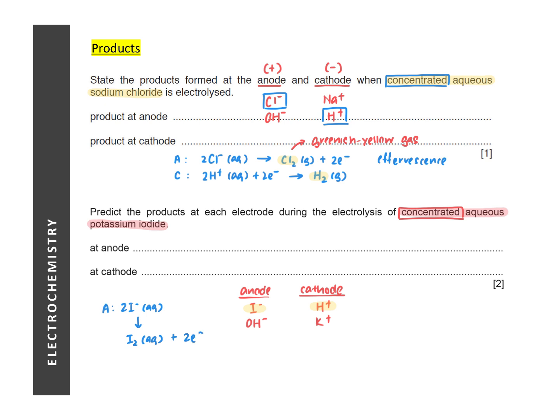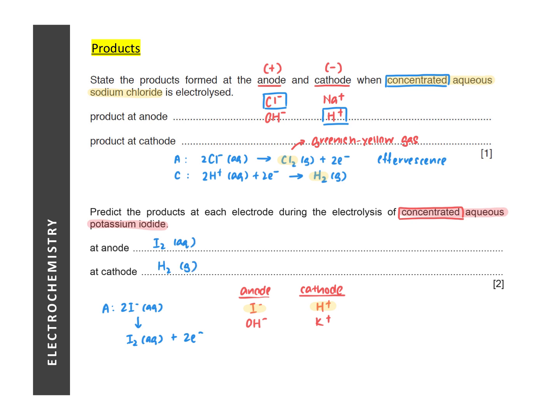And in this case, we would see iodine. I think it's perfectly okay for you to write either aqueous or liquid. Iodine is sparingly soluble in water, so it's okay for you to write as liquid or aqueous. At the cathode, again, it will be hydrogen gas.